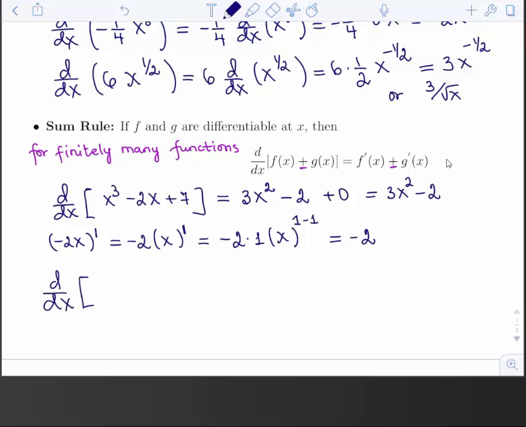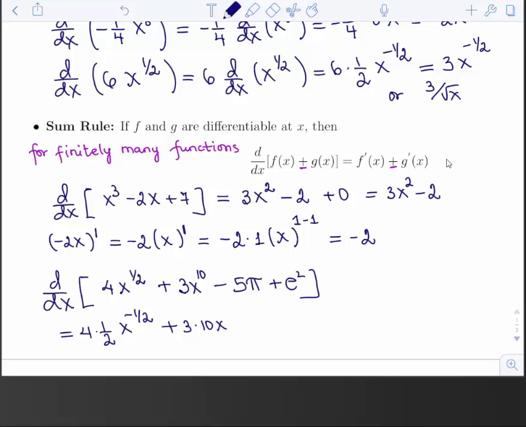So let's say you have something like this: 4x to the 1/2 plus 3x to the 10th minus 5 pi plus e squared. I'm going to find the derivative of this. It's the sum of the derivatives, so it's 4 times 1/2 x to the power negative 1/2. Here, 3 times 10 times x to the 9th.